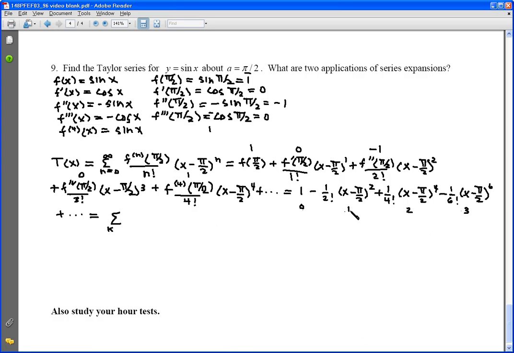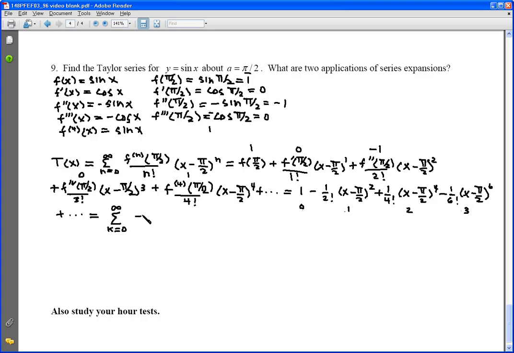The exponent here is double the 1, the exponent here is double the 2, the exponent here is double the 3, and the same with the factorial on the bottom. So if we say this is summation from k equals 0 going up to infinity, we're going to have a -1 power in there.